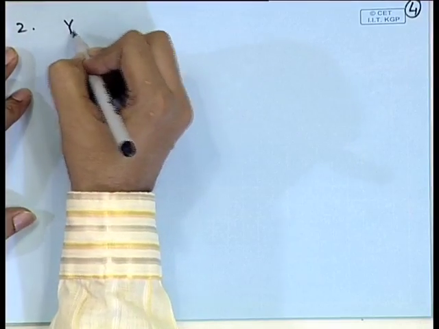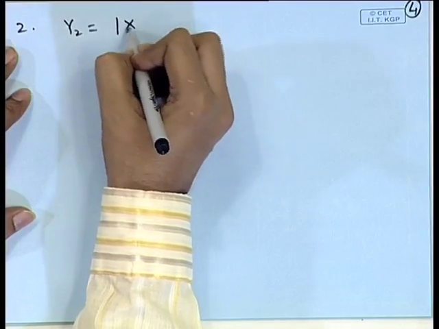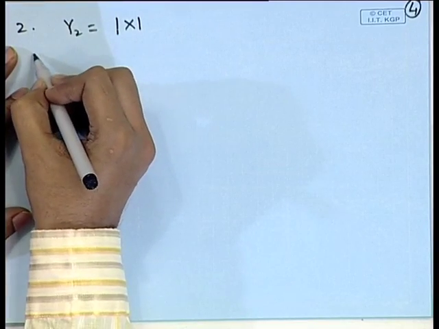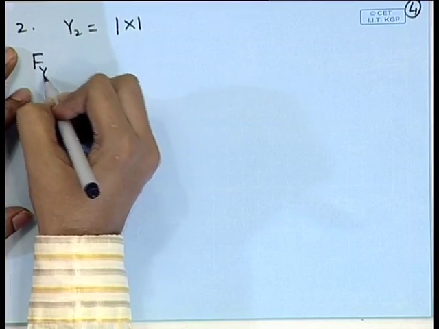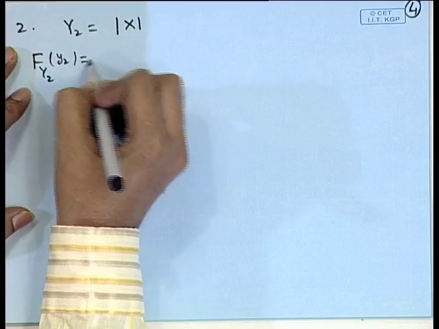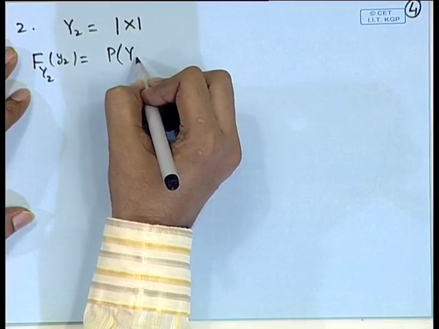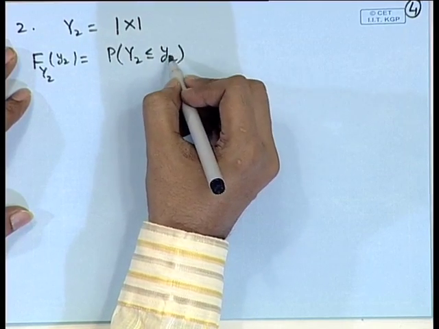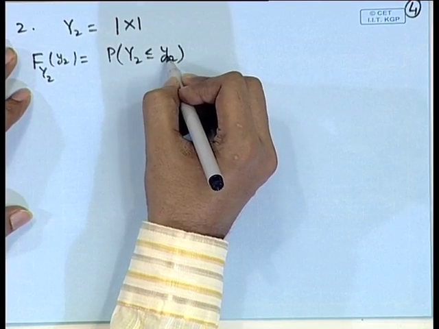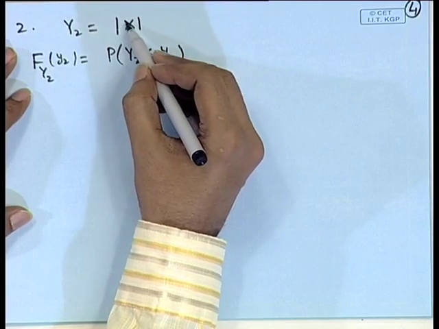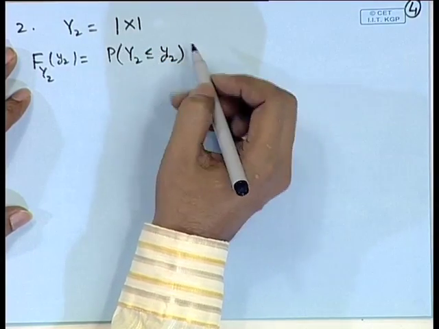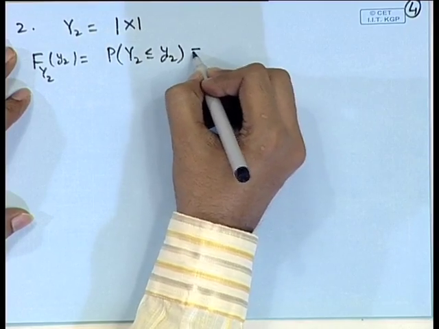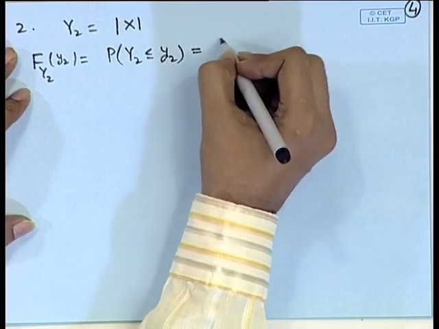Let us take another example. Say y 2 is equal to modulus of x. If we look at the CDF of y 2, now notice here that if y 2 is a negative number, then this probability is going to be 0, because modulus of a random variable is always a non negative quantity.